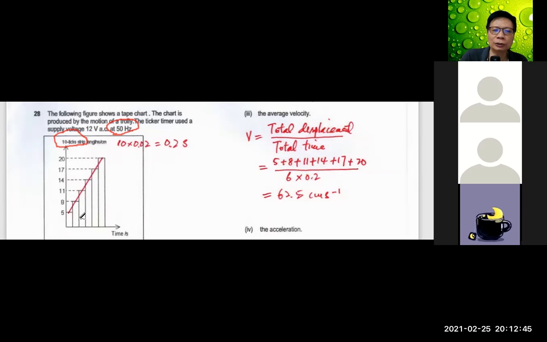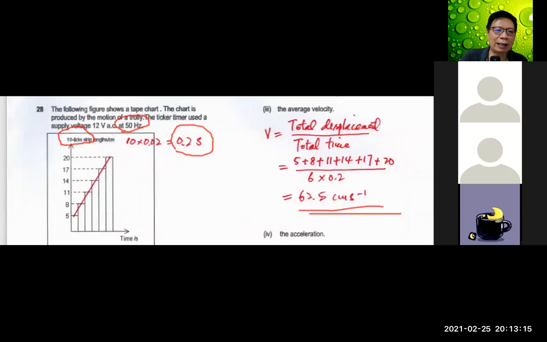So here you have 1, 2, 3, 4, 5, 6 strips. So 6 times 0.2. One strip here, the time is 0.2 seconds. So you get this answer: 62.5 centimeters per second. So this one is average velocity.